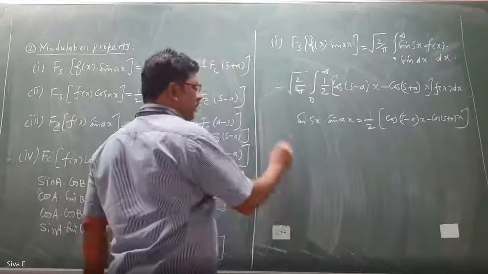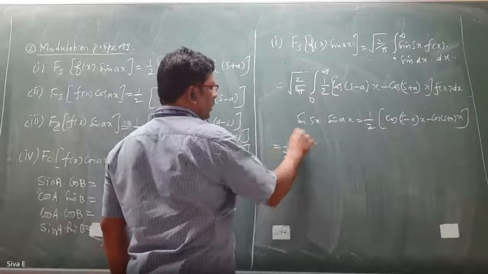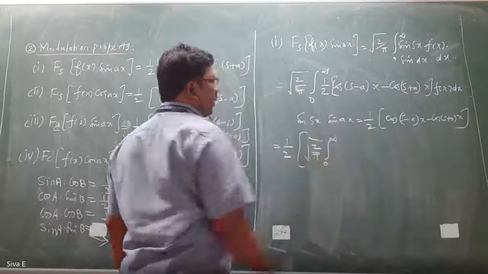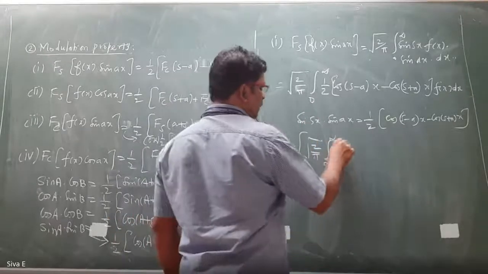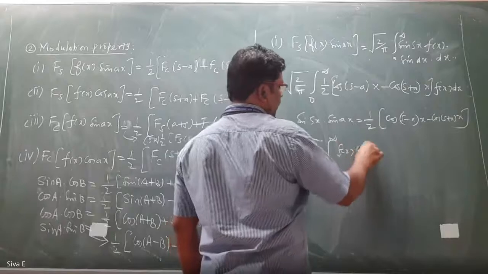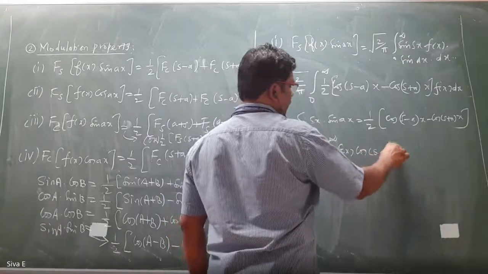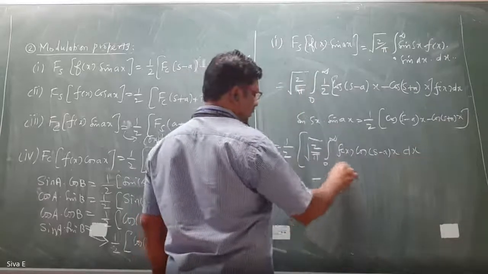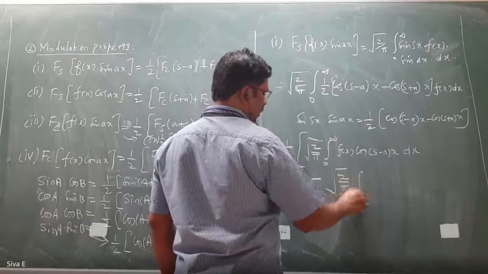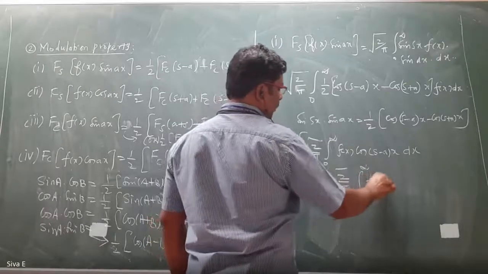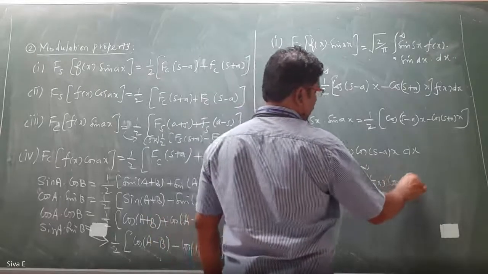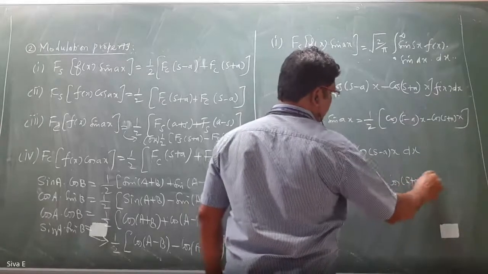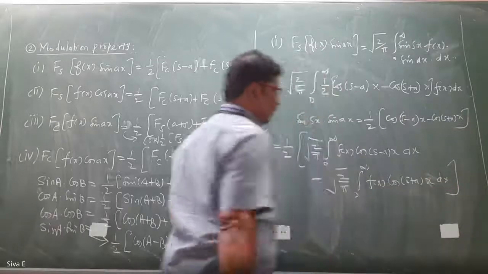In the next step, take 1 by 2 outside: root 2 by pi integral over 0 to infinity f of x cos s minus a x dx, minus root 2 by pi integral over 0 to infinity f of x cos s plus a x dx.